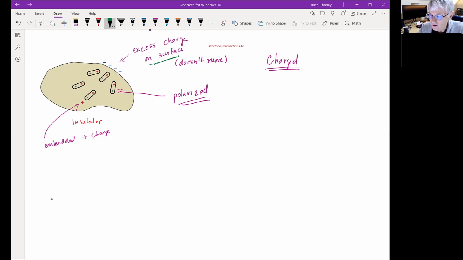So this would be a charge inside the object, and this is a charge on the surface. That way we can distinguish what we mean by a diagram. So one of the things we said about insulators was that insulators have no mobile charges.